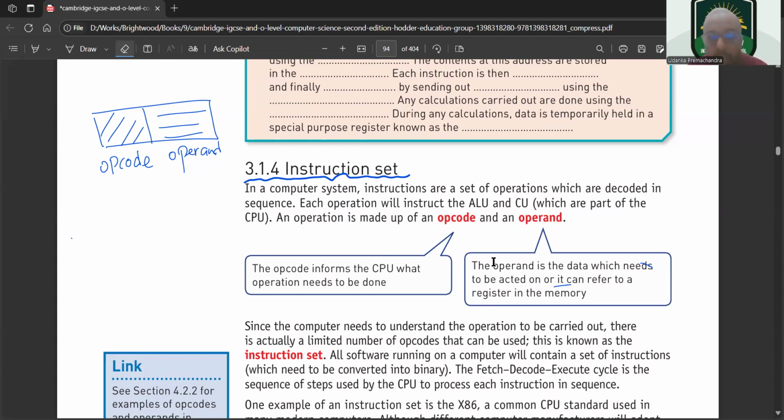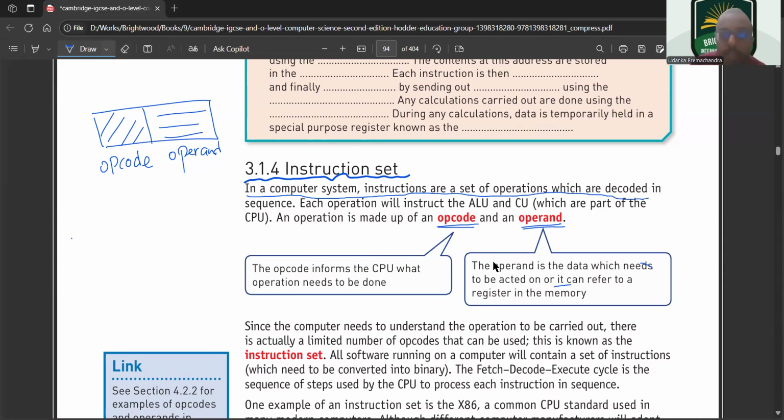The operation is made up of the opcode and the operand. The opcode informs the CPU what operation needs to be done, and operands are data which refer to the register and the memory. I will define these things very clearly.